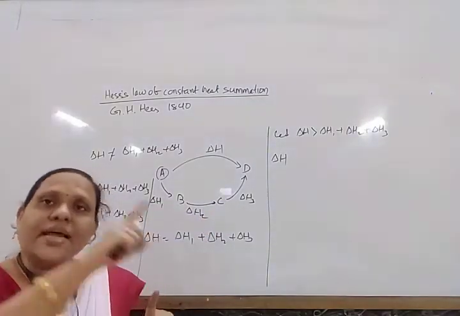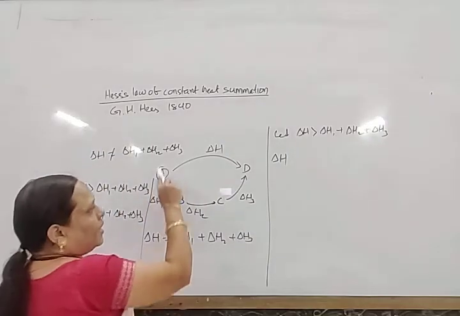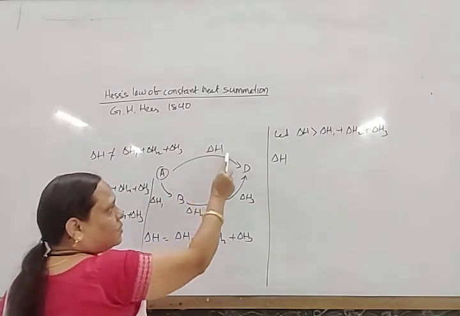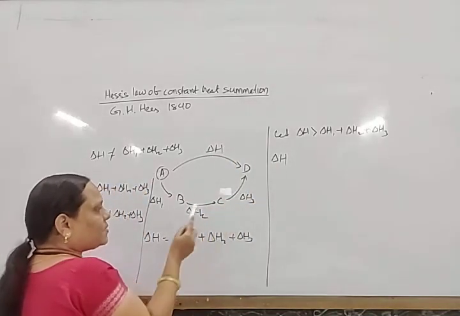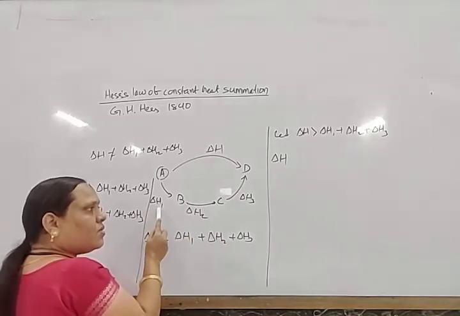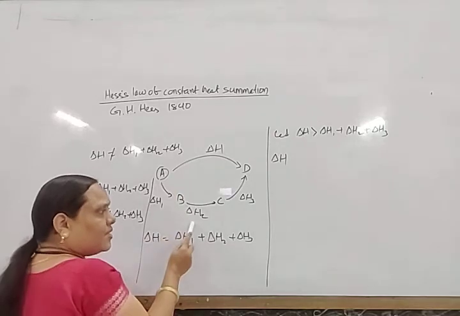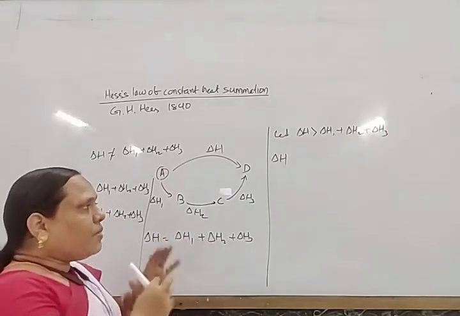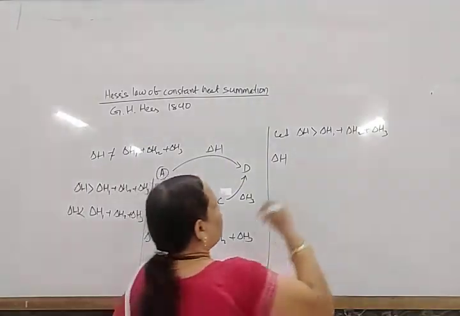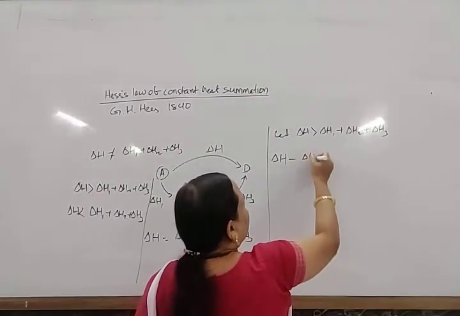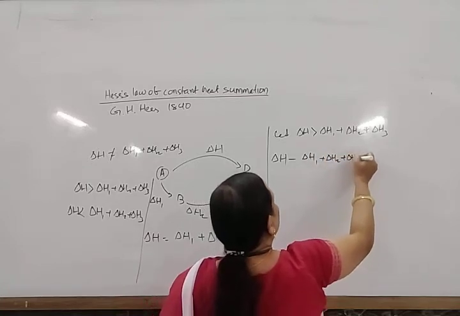That means when you consider one cycle from A to D, del H amount of heat is produced, and from D to A, del H3 plus del H2 plus del H1 amount of heat is absorbed. Then if del H is greater than this much, some extra amount of heat will be produced.